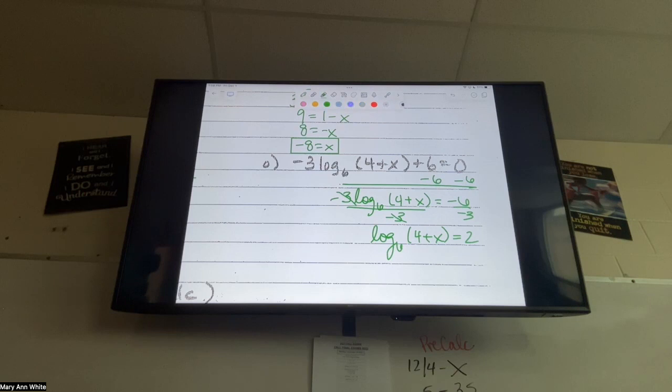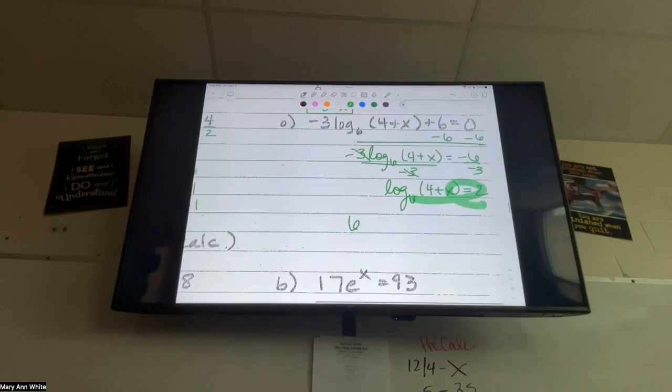And then I'll log roll. 6 squared equals 4 plus x, excuse me, I don't know why I said 4 plus 2. 6 squared is 36, and when I get x all by itself by minusing 4, we get 32 equals x.